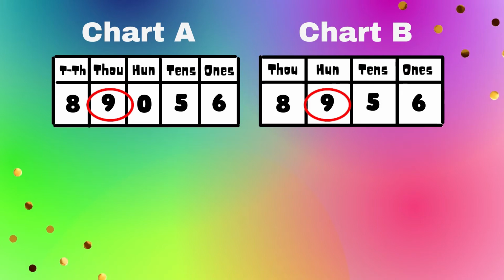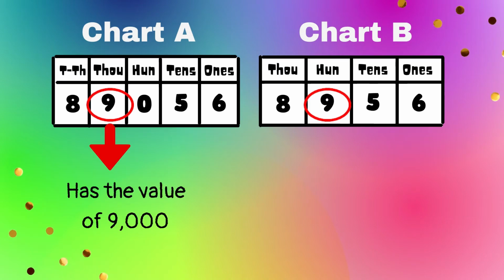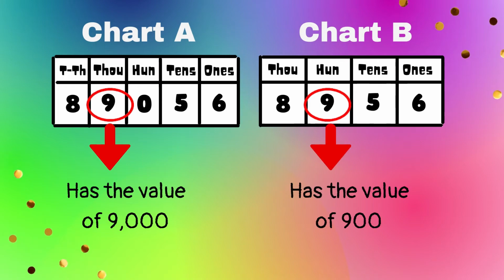In chart A, with the place of 0, the value of the digit 9 is 9,000. While in chart B, without a place of 0, the number becomes 8,956, which means the value of 9 will be 900. And the number is read as 8,956.